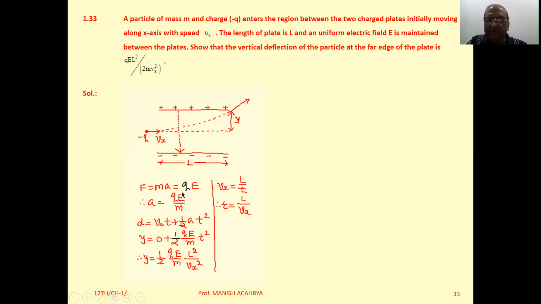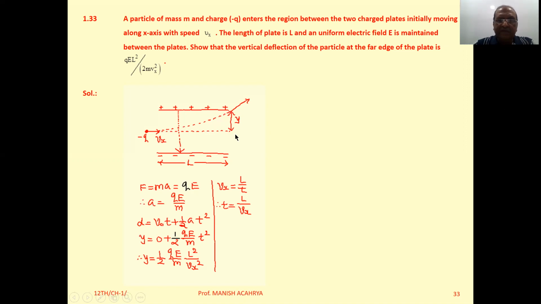But see, q, E and m all are constants. Clear? So we can say acceleration is constant. But now this particular force is in the opposite direction of the electric field, because this is a negative charge. So under the effect of it, this charge will move in upward direction.